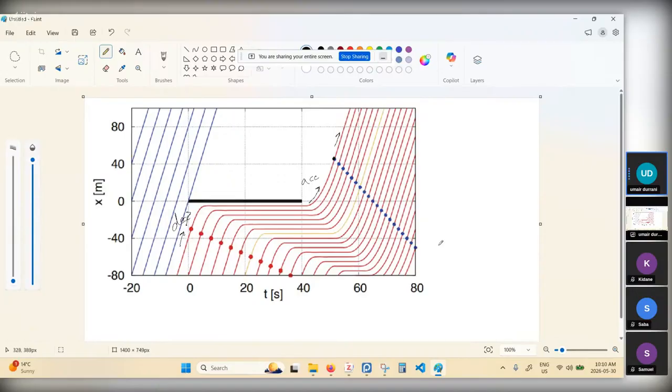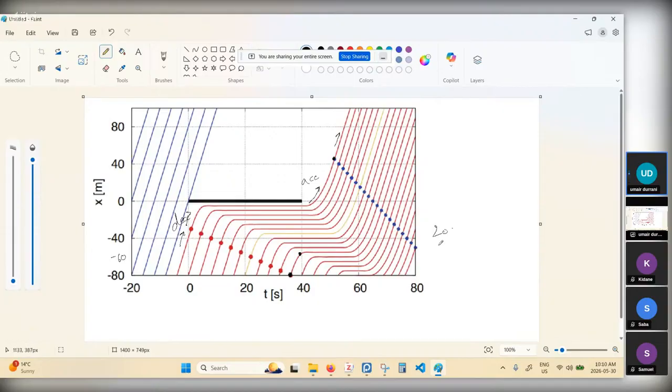So if you look at any of these points, for example, if you look at this one, this is starting at minus 80 meters and then ending at almost, I would say, minus 60. So this is a distance of 20 meters.